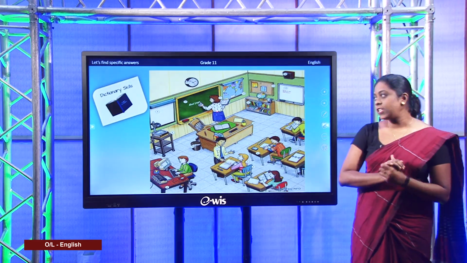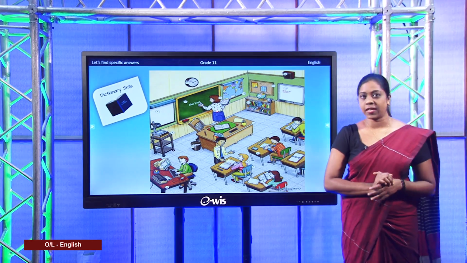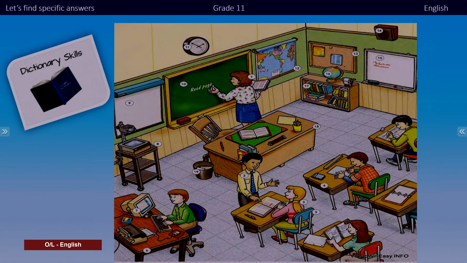Right, so before getting started, take a look at this picture. Here's a classroom. On this particular day, the teacher of this class had asked students to do a small work with the dictionary. She has given some questions, and the students were asked to find the meaning of certain words, and also to answer a few questions.